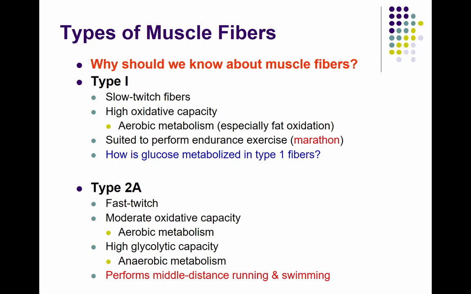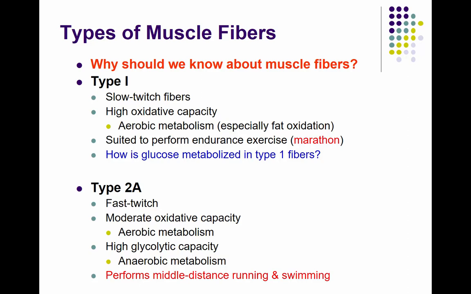And so type 1 fibers are usually suited to perform endurance exercise, for example, a marathon, right? And the reason is that a marathon usually takes a couple of hours, more than 2 hours, a long-term exercise.